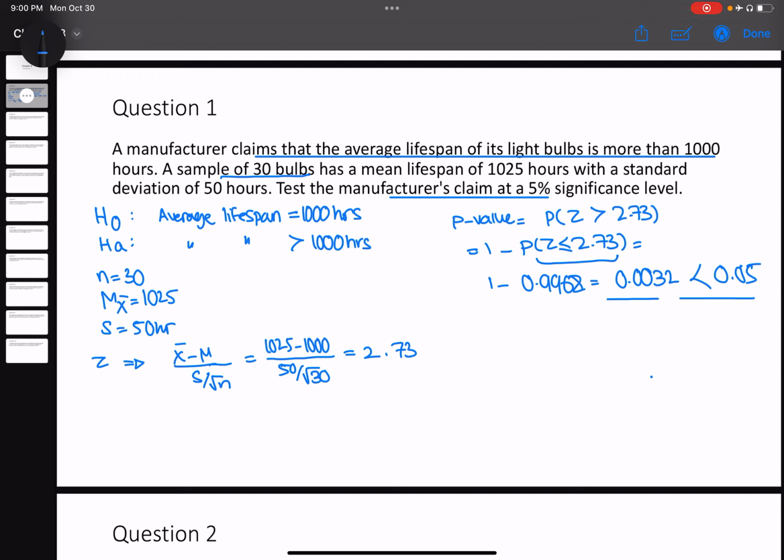So we can conclude that we have significant evidence to reject the null hypothesis and support the alternative hypothesis, that is, the average lifespan of its light bulbs is more than 1,000 hours.